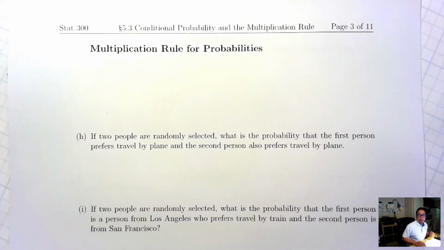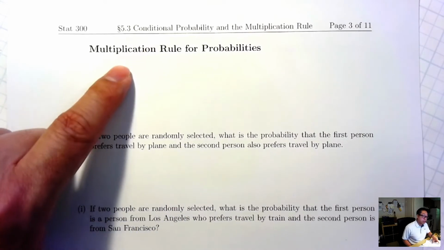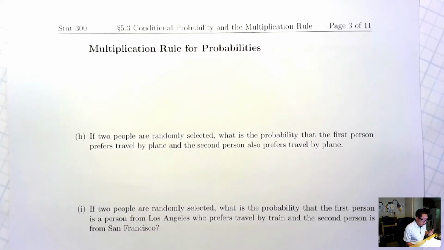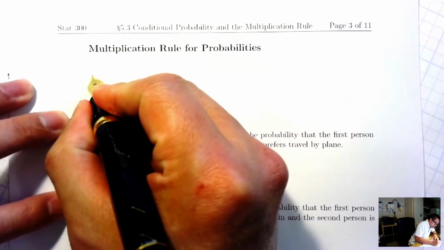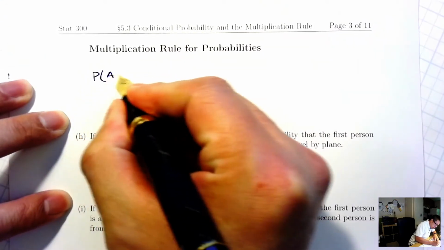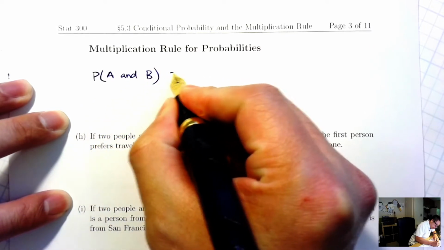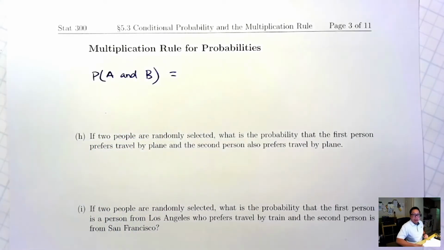In section 5.2, we had an addition rule, which was a formula for calculating the probability of A or B. In this section, we have a multiplication rule, which is going to be a formula for calculating P of A and B. As it sounds, what you're going to do is multiply.